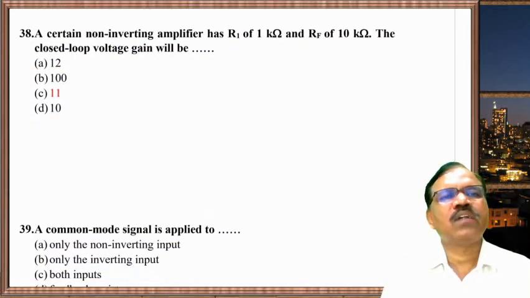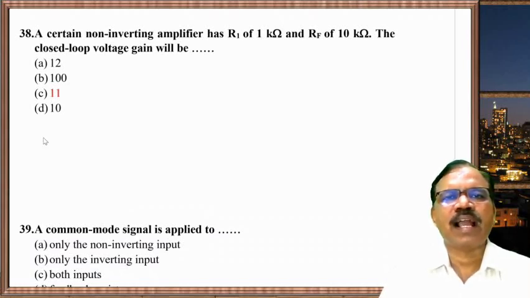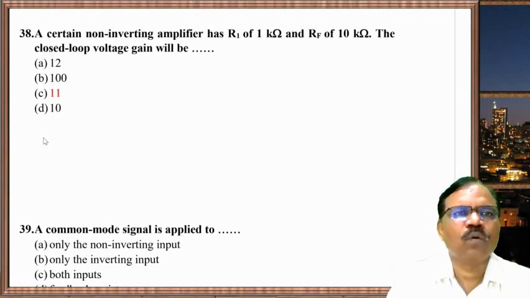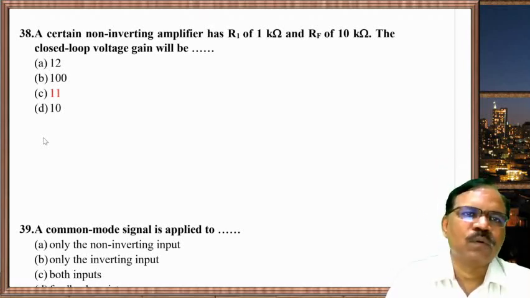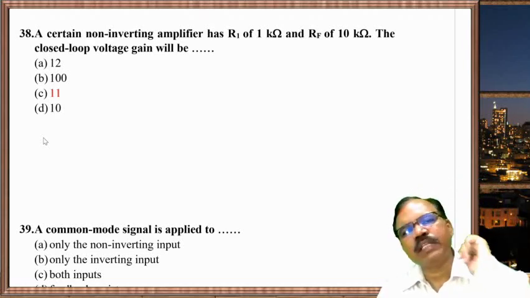A certain non-inverting amplifier has R1 equal to 1 kilo ohm and RF is equal to 10 kilo ohm feedback resistance. The closed loop voltage gain will be, closed loop gain means gain with feedback.